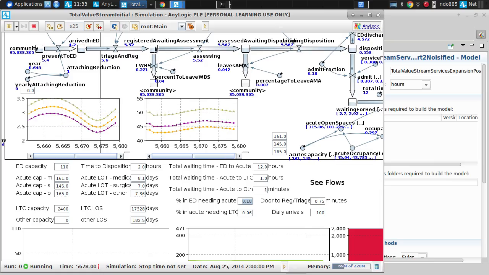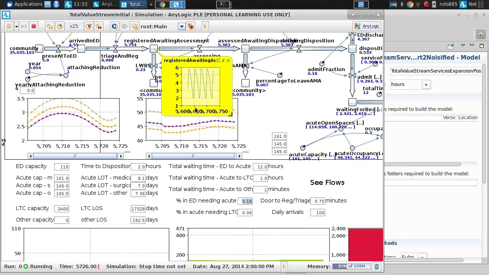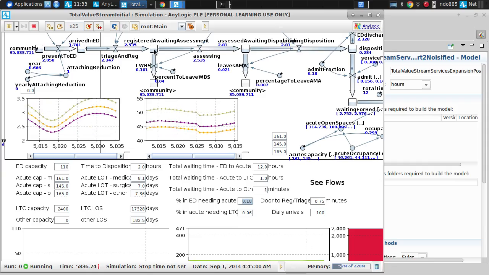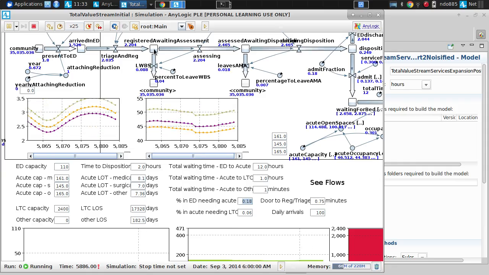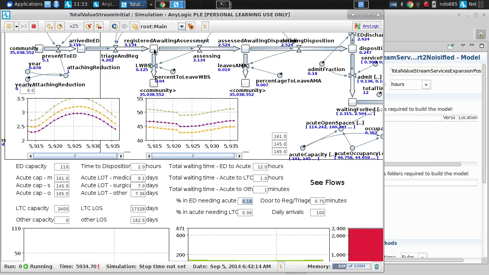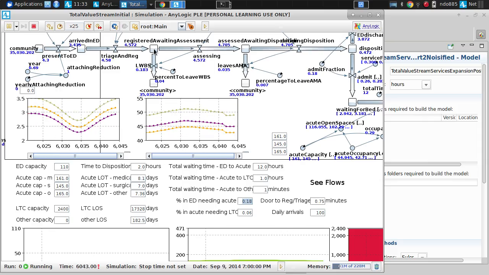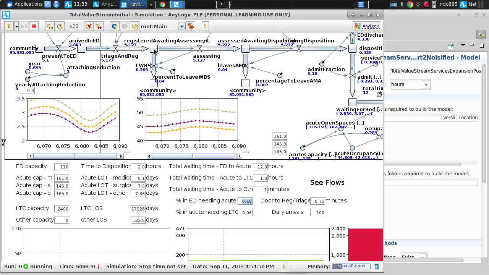Aggregate stocks. Everyone within one of these stocks, this is just a count of people, and everyone within that is viewed as kind of being well mixed. In other words, they're not distinguished from each other. They're kind of all of a kind. There's no individual histories tracked here, and that's a big difference.